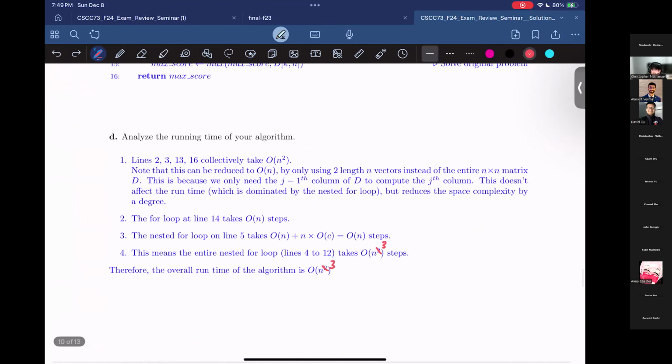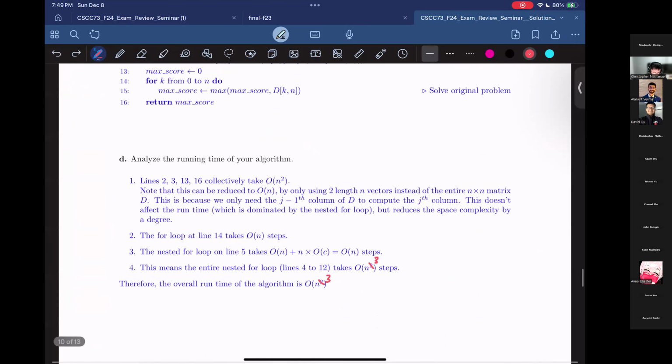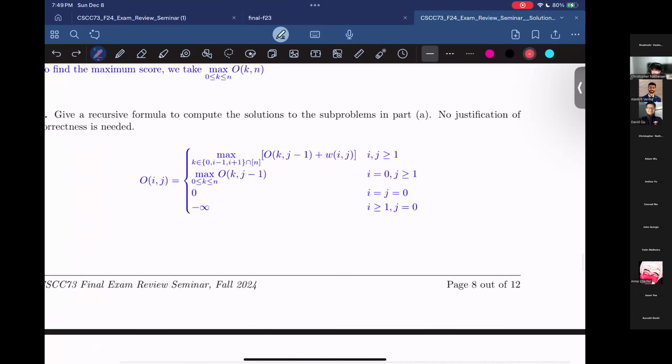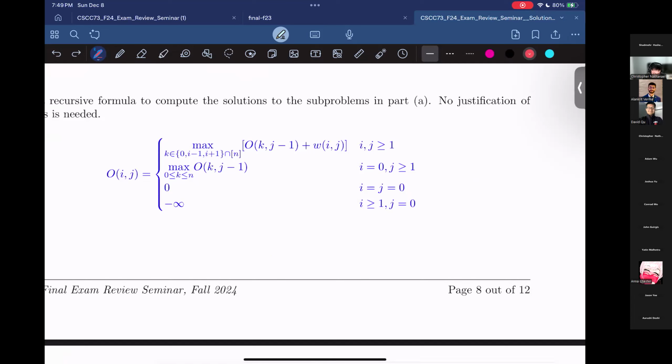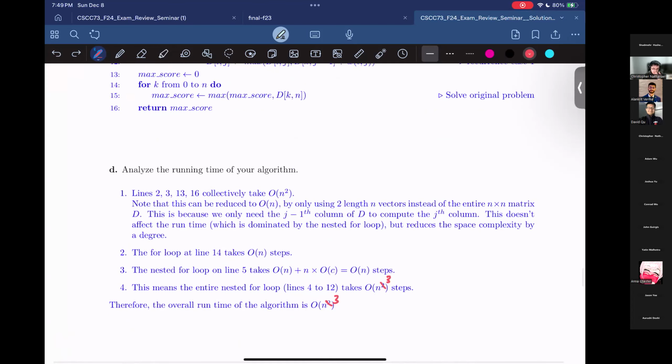If you say it's O n cube, it's correct, but you only perform... I think yeah, it's O n cube. Okay.